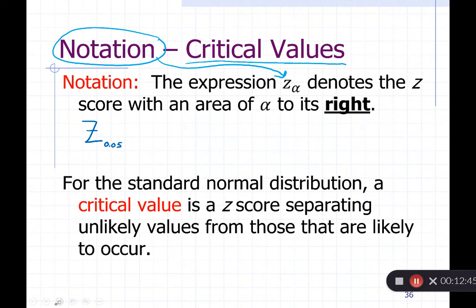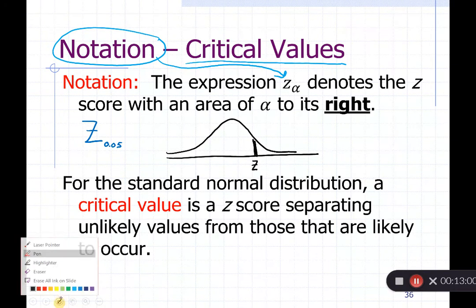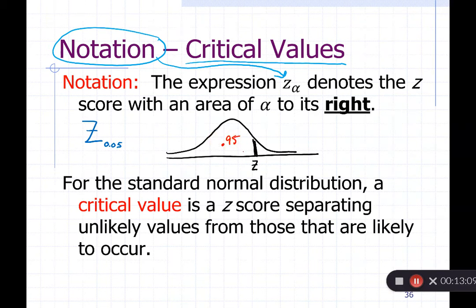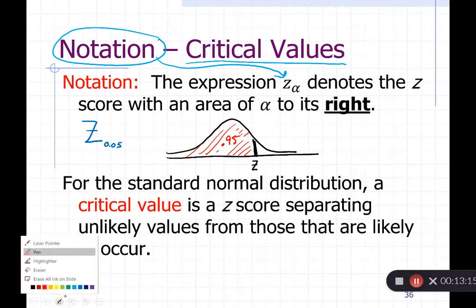So what that means is, if we have our normal distribution, something like this, there's some z-score that separates 95% of the area from the upper 5% of the area.